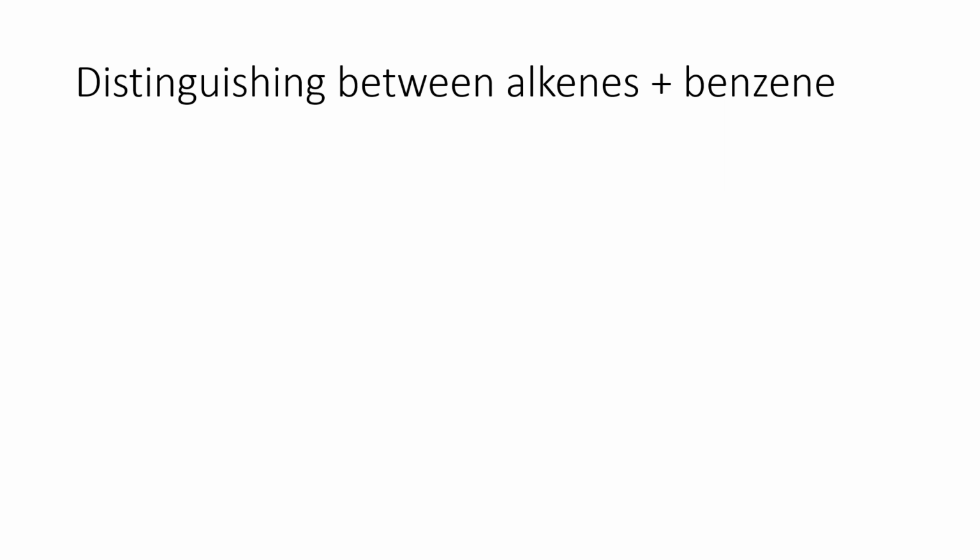Okay, so we're going to look at how we can distinguish firstly between alkenes and benzene. Now hopefully you remember back to AS chemistry, the test for an alkene: you add bromine water, and the alkene would decolorize the bromine water. So you'd go from, say, orange to colourless.